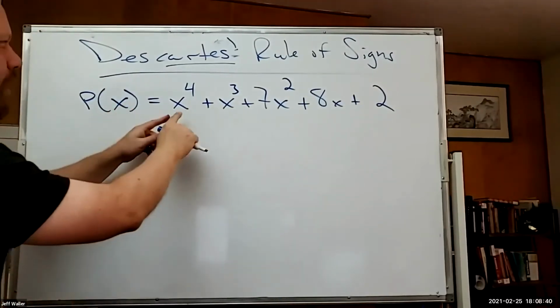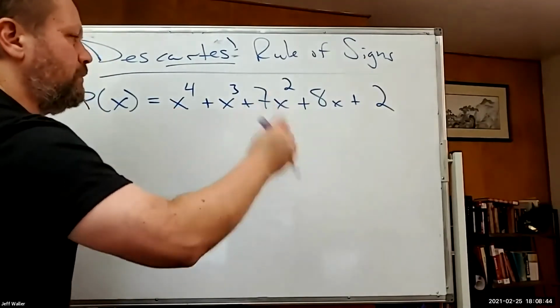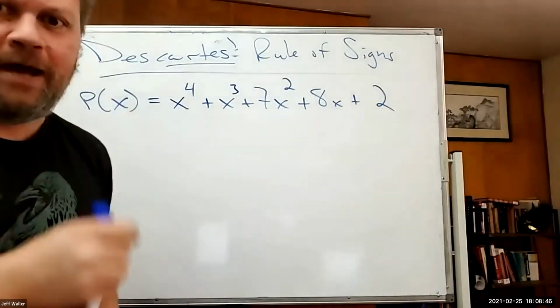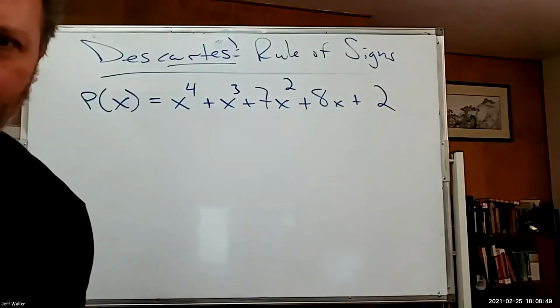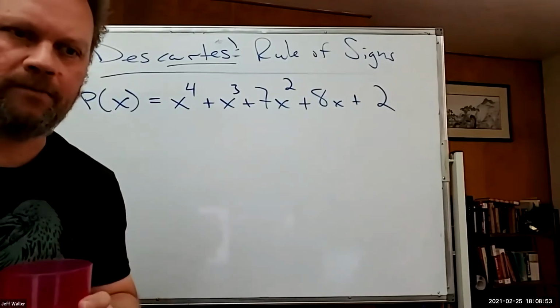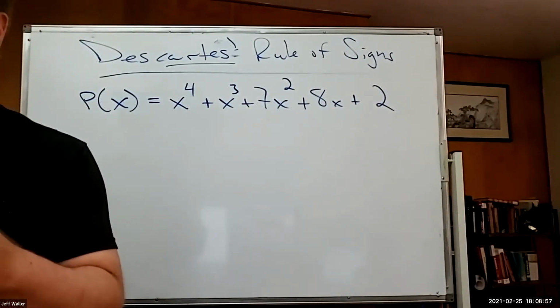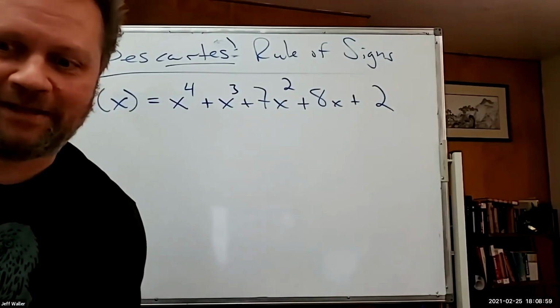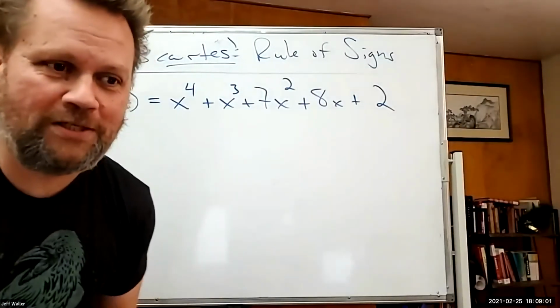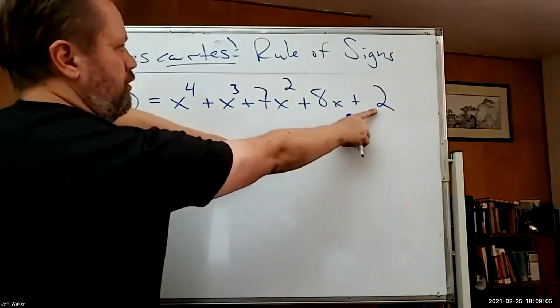If I'm going to plug a value in for x and make this equal 0, can somebody tell me what has to be true about that number? Or what can't be true about the number? It can't be bigger than 2. Somebody beat you to it in the chat. It can't be positive.